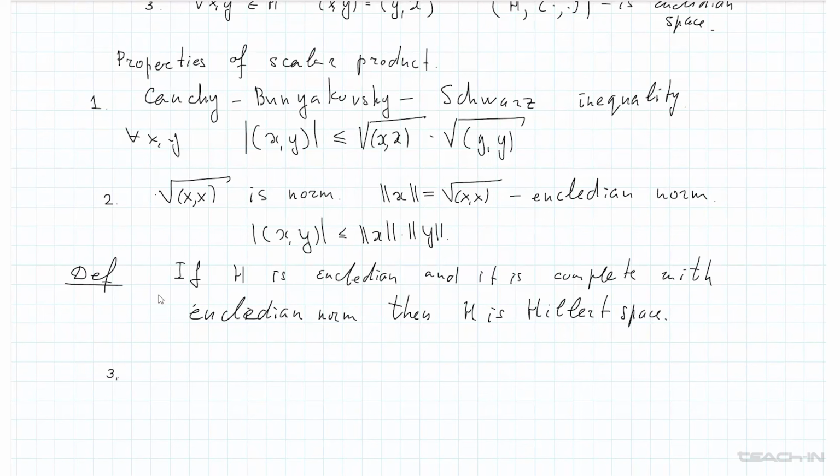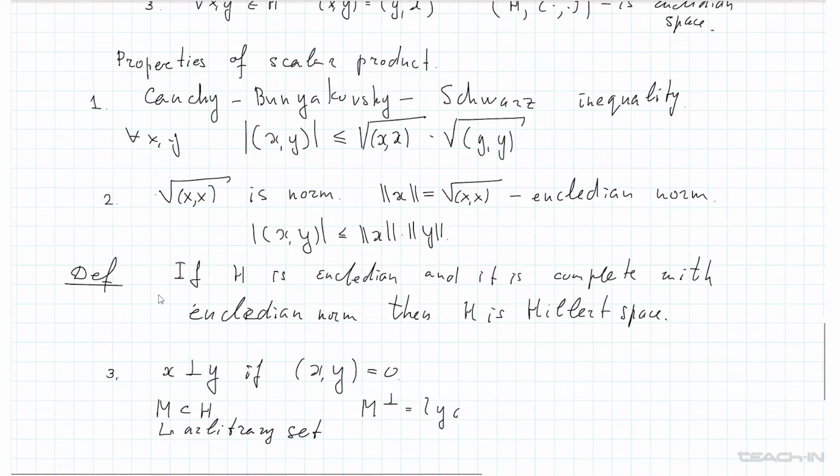For example, we can define orthogonality. x is orthogonal to y if the scalar product equals 0. Then, for an arbitrary set M, we can define the orthogonal complement. It is all vectors y from H such that for any x from M, the scalar product equals 0.